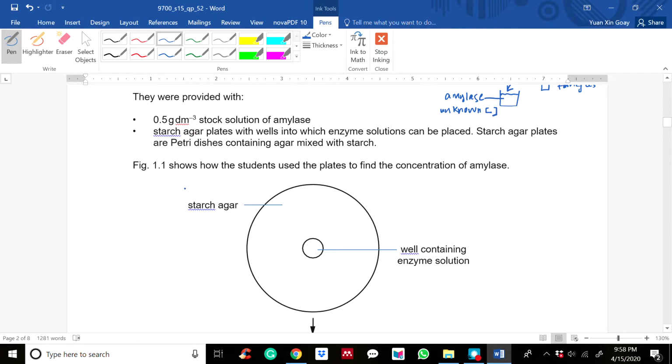Figure 1.1 shows how the students use the plates to find the concentrations of amylase. This is the starch agar plate where you have the agar mixed with starch and they are left to solidify at room temperature. They also produce a valve in the middle here. This valve is where you can put in the amylase enzyme.